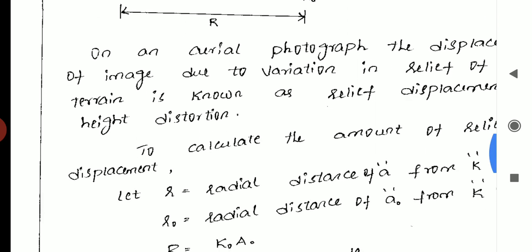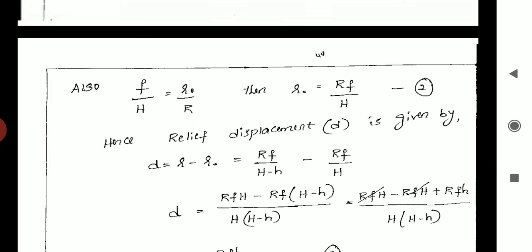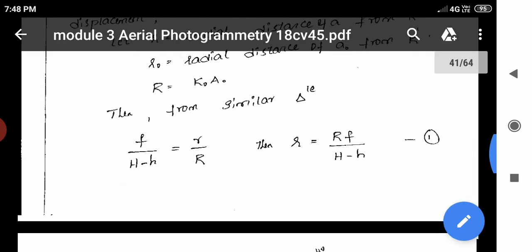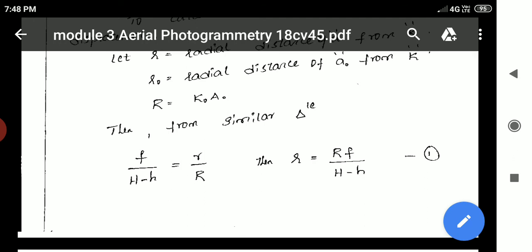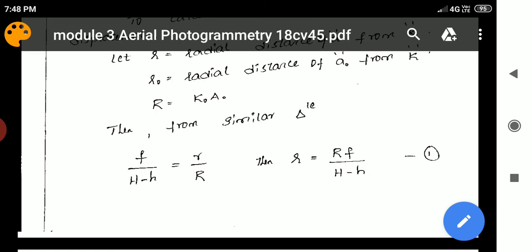Okay. So by using the figure we will get this also the same. Equation 1 becomes r equal to, first, by using the diagram we get this expression from similar triangles, and after that we simplify this one.